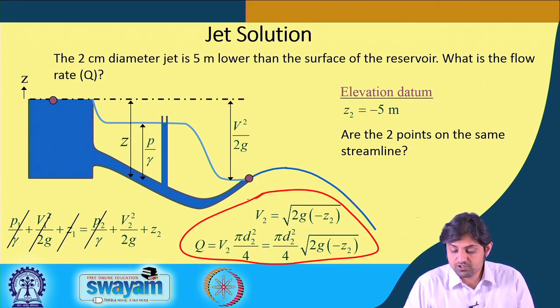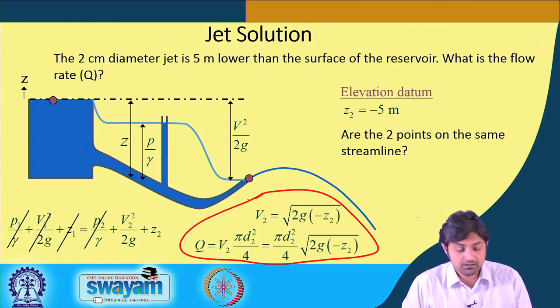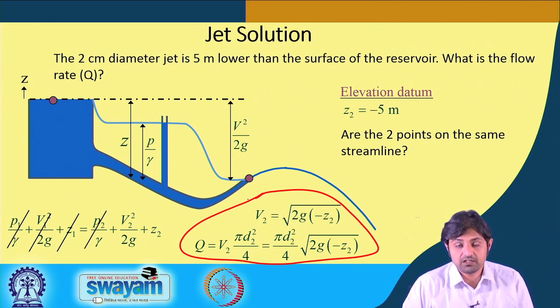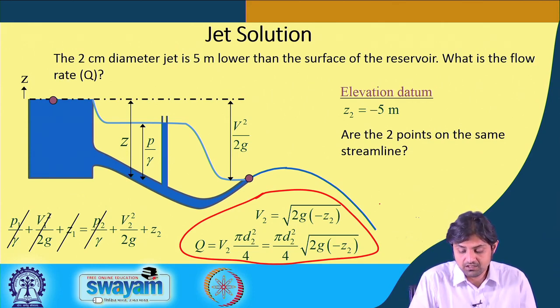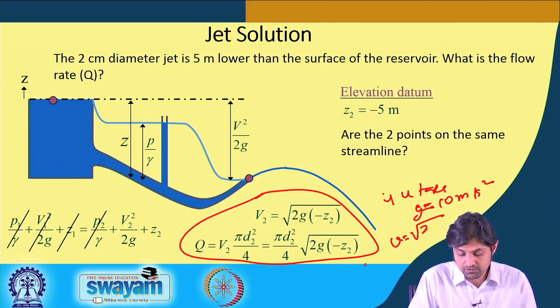With Z2 equal to minus 5, if you take g as 10 meters per second squared, V2 will be the square root of 2 into 5 into 10, so V will be approximately 10 meters per second.